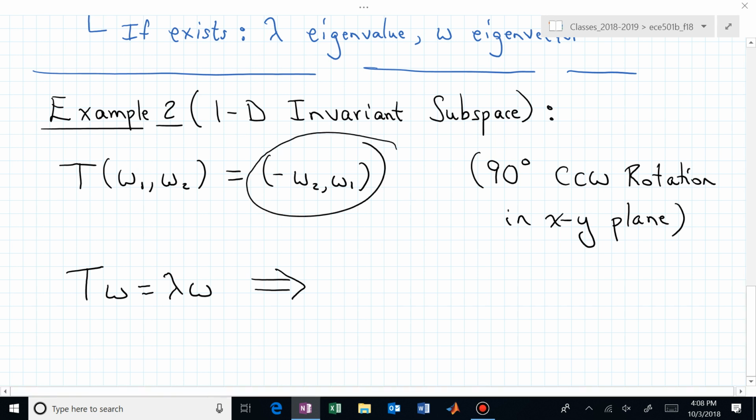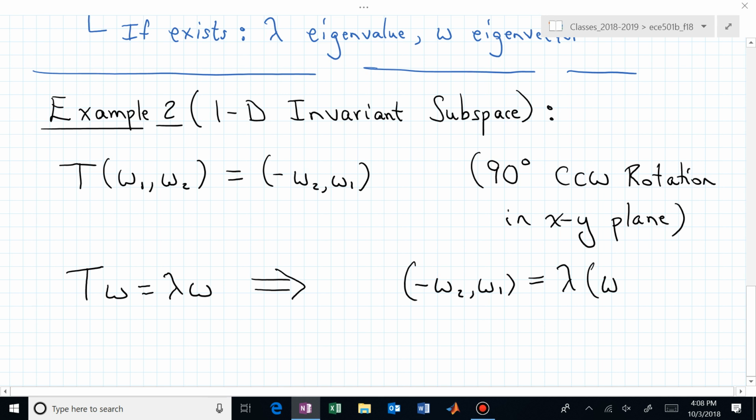So let's write that down as this expression. We have minus w2, w1 on the left-hand side, and the right-hand side is just a scalar times the input vector. So that's lambda w1, w2, or that's lambda w1, lambda w2.